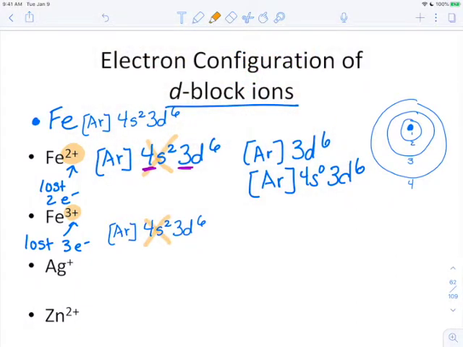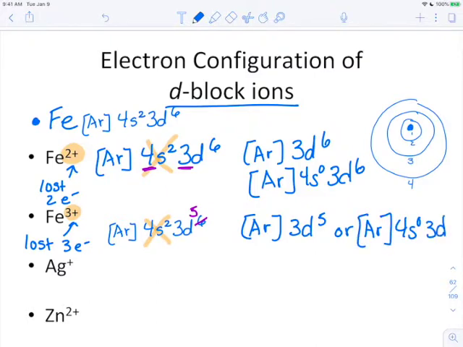There's only one last place for us to take electrons from, and those are the 3d's. So our third electron comes out of the d's, but the first 2 come from the s's. So our electron configuration now is argon 3d5, or if you prefer, 4s0 3d5. Any questions on how we did our iron 2+ or our iron 3+?